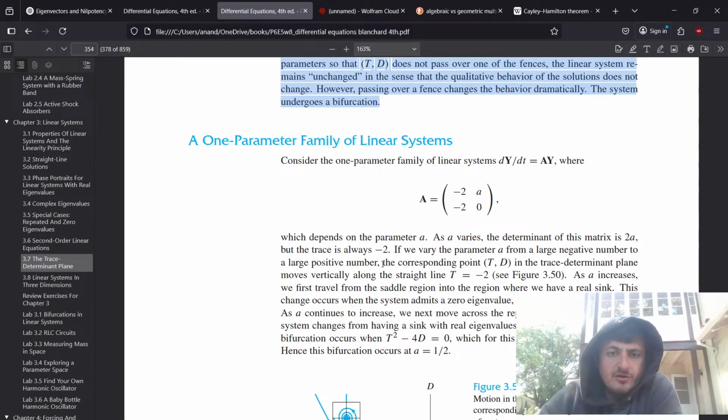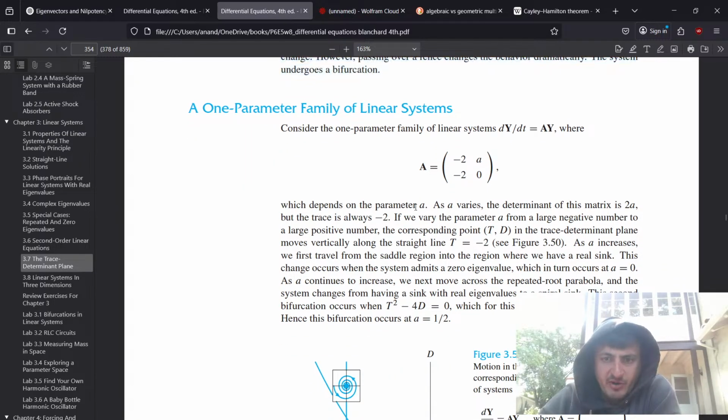Okay, a one-parameter family of linear systems. Consider the one-parameter family of linear systems y prime is equal to Ay, where A is equal to this matrix, which depends on the parameter a. As a varies, the determinant of this matrix is 2a, but the trace is always minus 2. Oh, yeah, dude, this is fun.